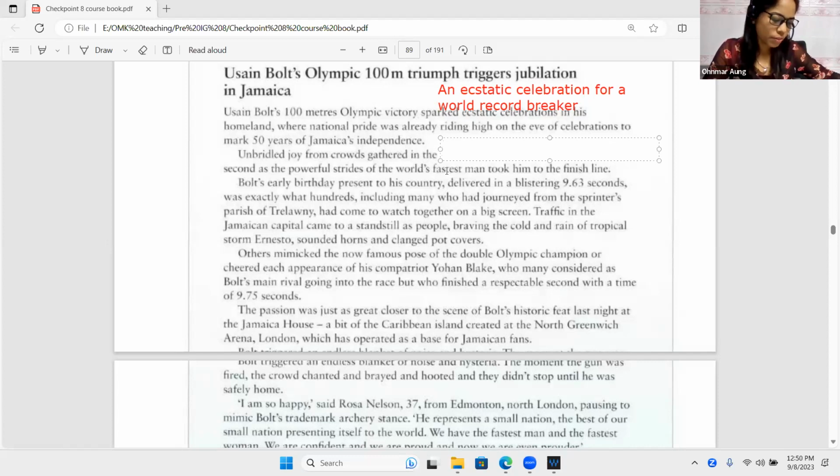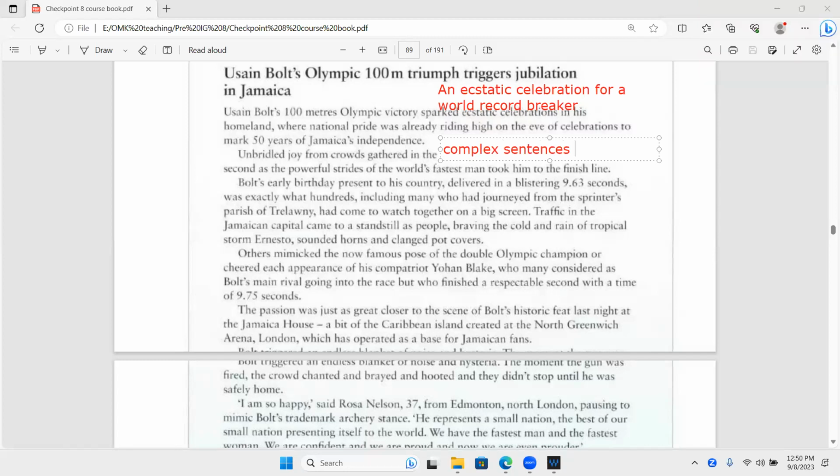Complex. Yes, correct. Mostly complex sentences. So I could say complex. Anything else? Complex. And is it short or long? Long. Long and complex sentences. You could say that way.